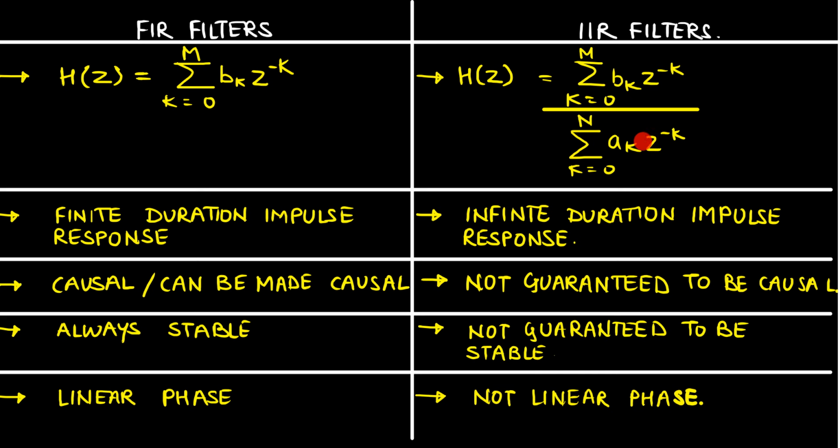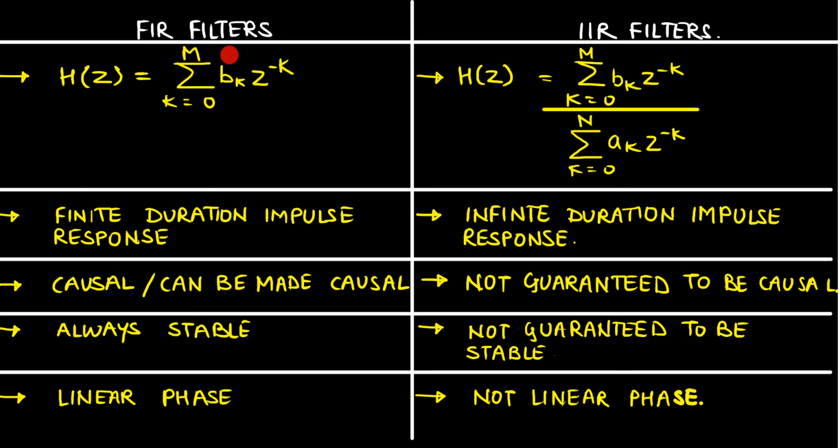The availability of N finite poles results in an infinite duration impulse response, whereas as the value of N in FIR filters is 0, we have a finite impulse response, and the length of that impulse response is basically M plus 1.